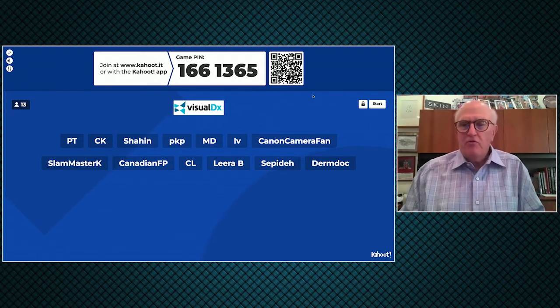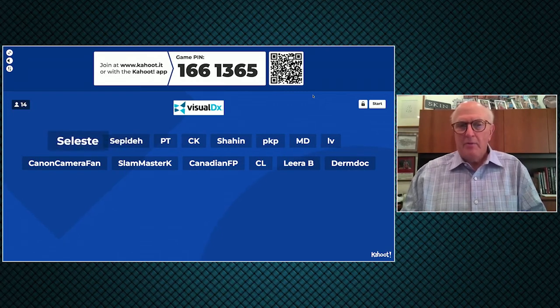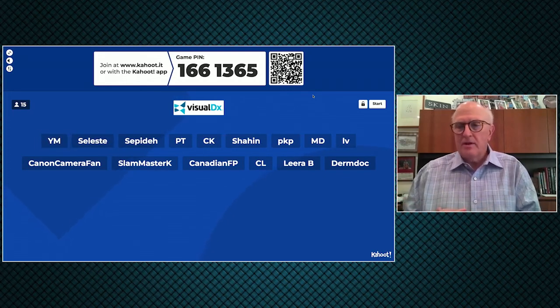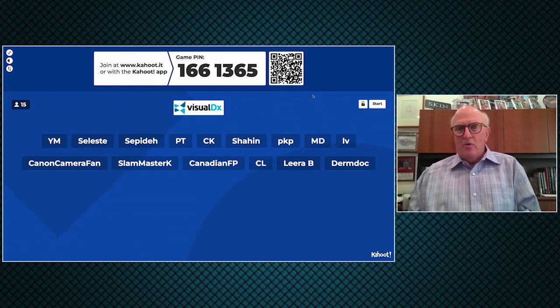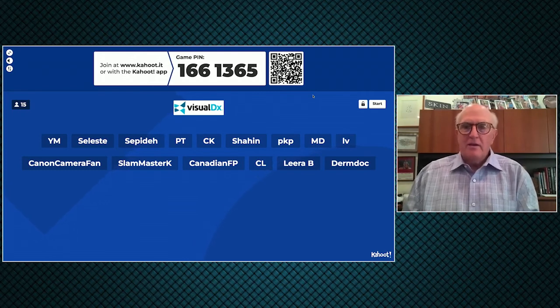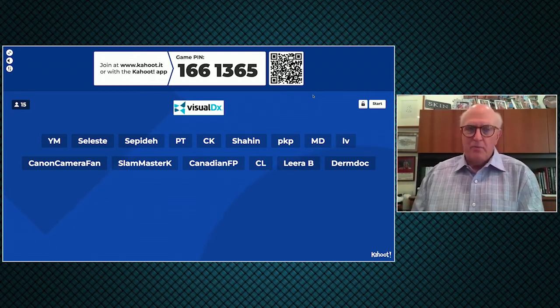You can take a picture from your phone or from your iPad. But the problem is that the iPad photos, when they go in, are compressed. So they're okay for showing at a conference, but they are not okay for publication.